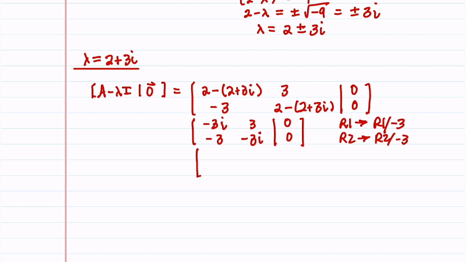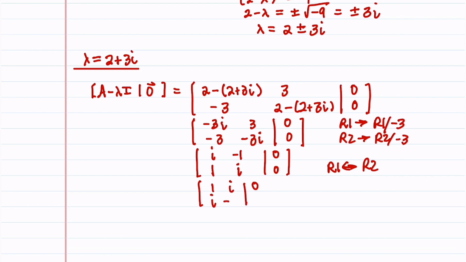This is going to give us an i, a minus 1, and then a 1. Again, we're dividing by minus 3, and we get an i. Now the easiest thing to do would be to switch row 1 and row 2. So this gives us a 1 and an i, and a 0, and then an i, minus 1, and 0.